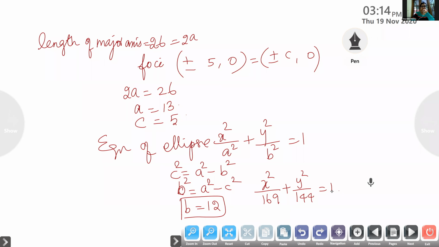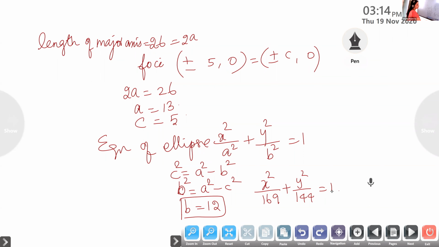Is it okay, Michael? Emmanuel, can you give the equation of the ellipse? x square by 169 plus y square by 144 equal to 1. Okay.